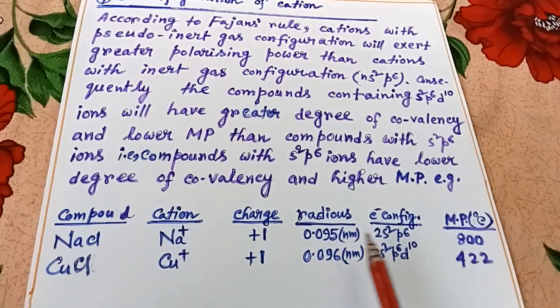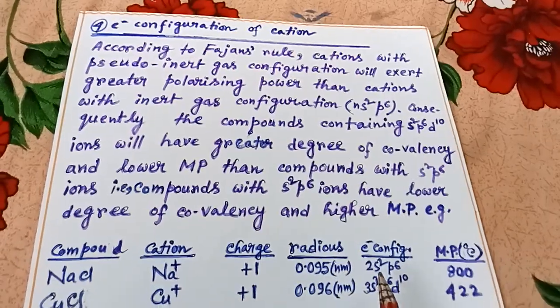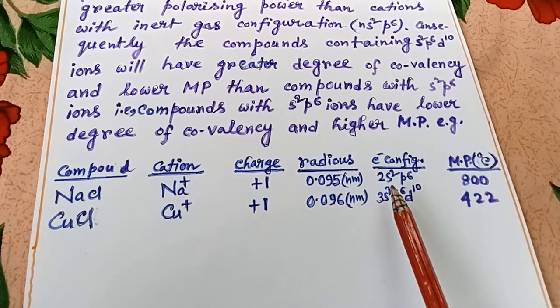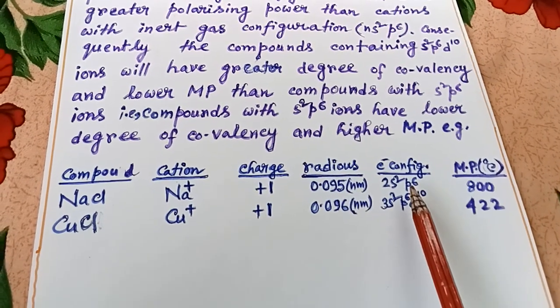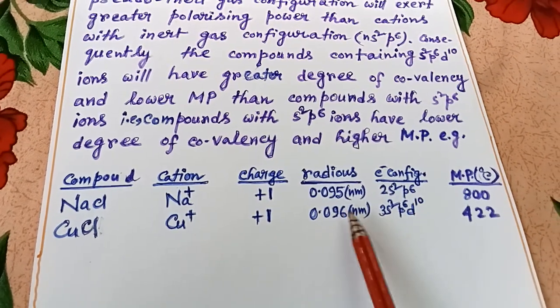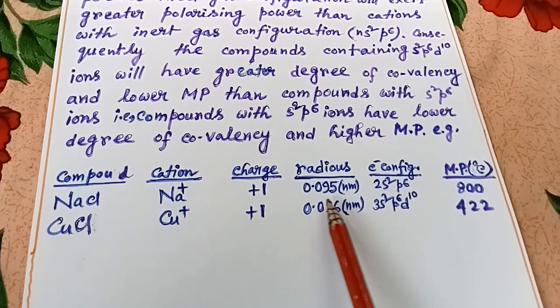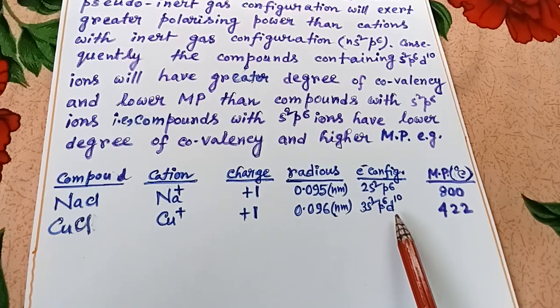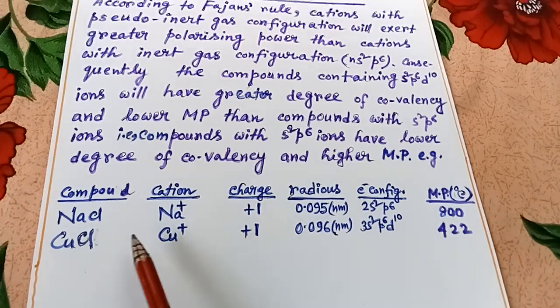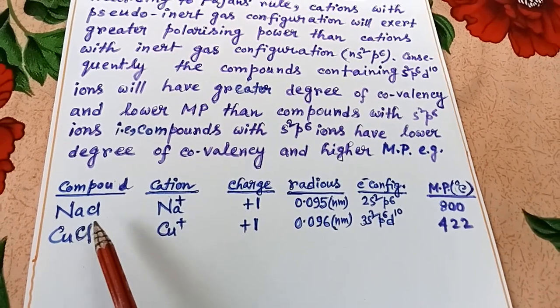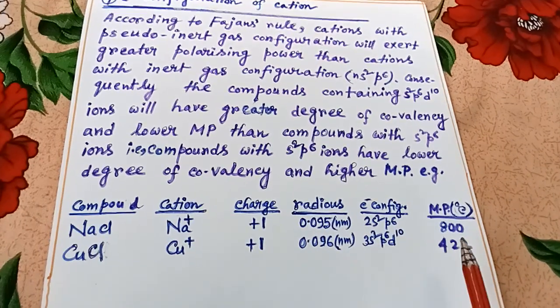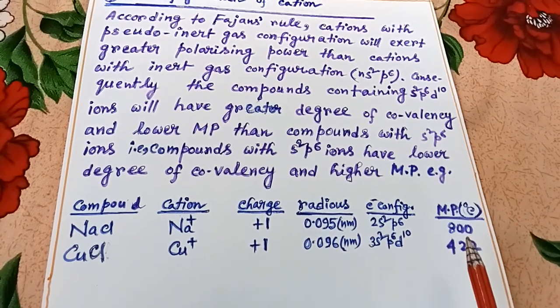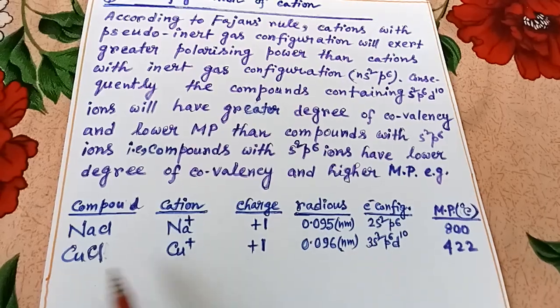The electron configuration of Na+ is 2s2 2p6, that is inert gas electron configuration, and electron configuration of Cu+ is ns2np6d10, that is pseudo inert gas electron configuration. That is why NaCl is higher melting than CuCl.